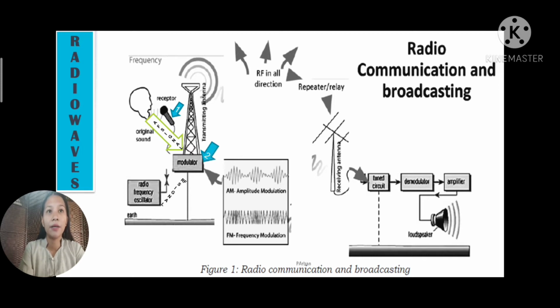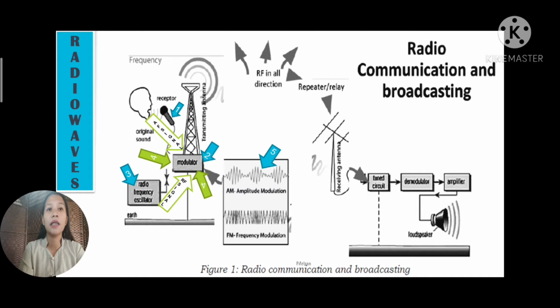At the same time, the radio frequency oscillator will produce a radio frequency signal, or the RF signal carrier, and it will also go to the modulator. Once the AF signal and the radio frequency signal waves reach the modulator, those two will transform into an appropriate modulated carrier wave through the process of amplitude modulation, or frequency modulation.